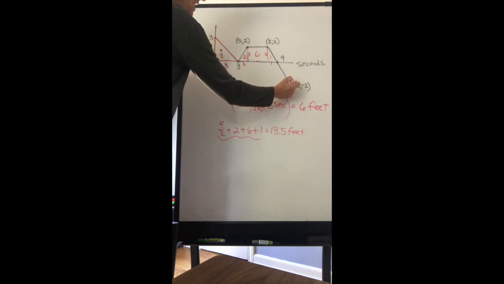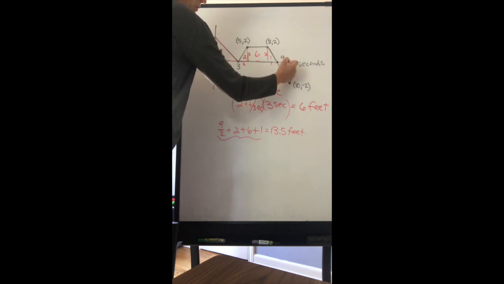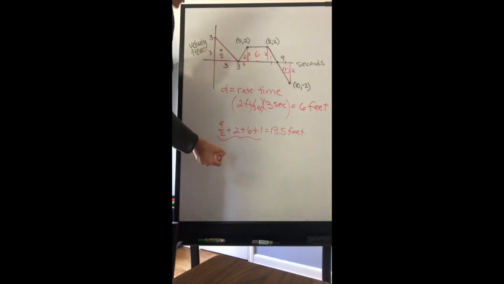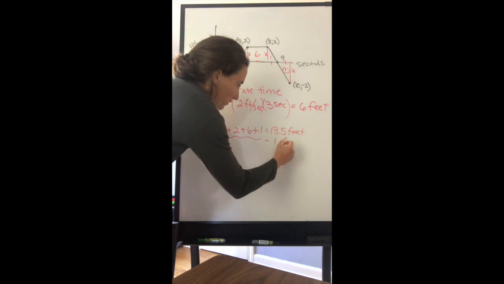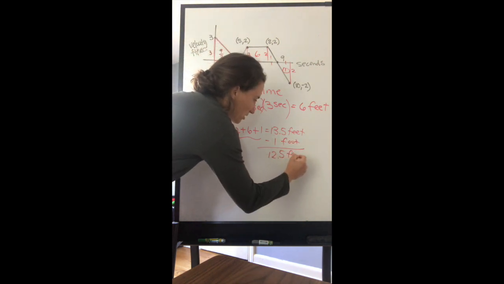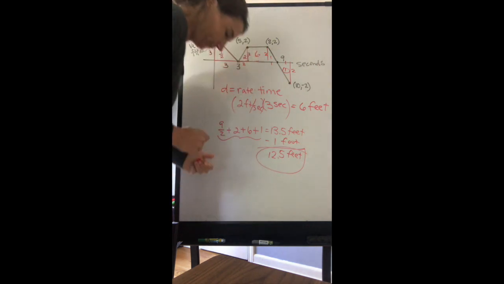So what's interesting here, I've got another triangle. It's 2 by 1, so this is another 1 foot. But instead of adding that to her distance, since she's coming back, I'm going to subtract that 1 foot to say she is now, after the 10 seconds, 12.5 feet from home.